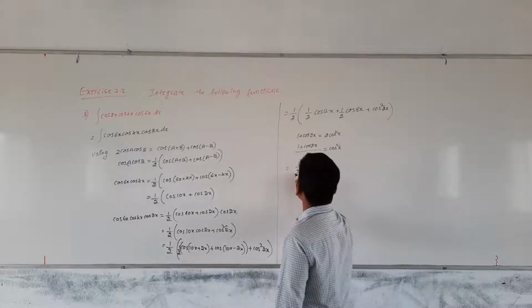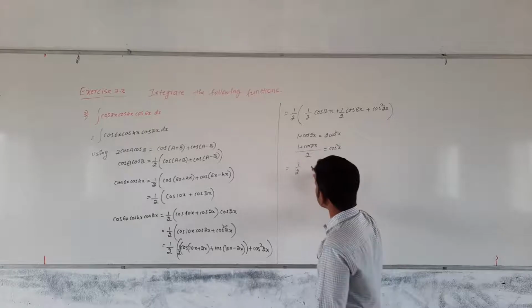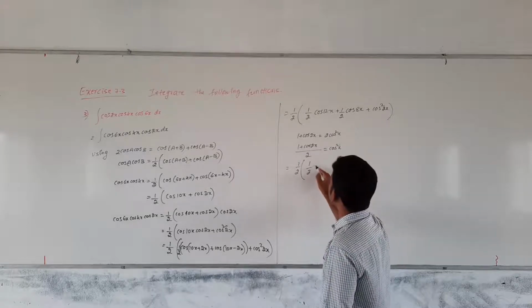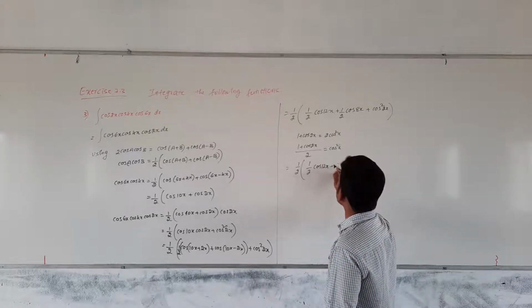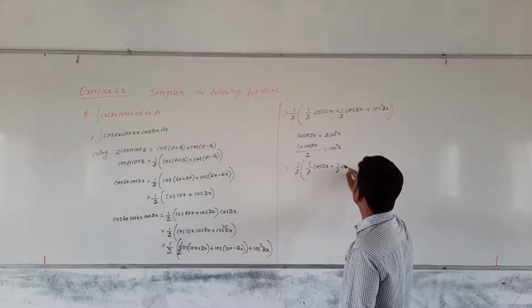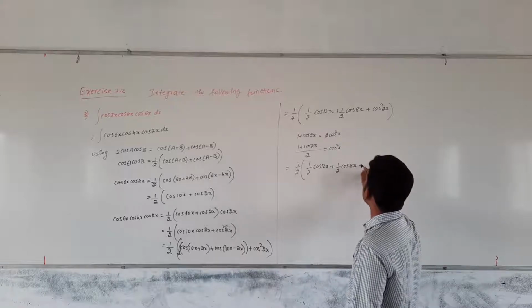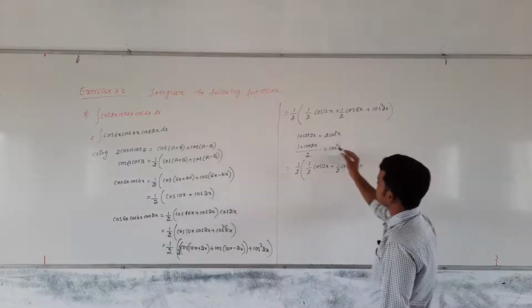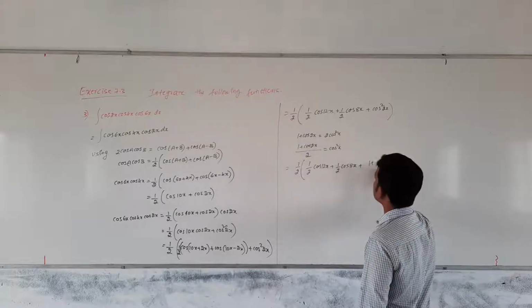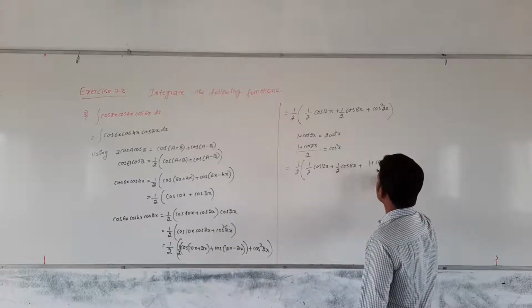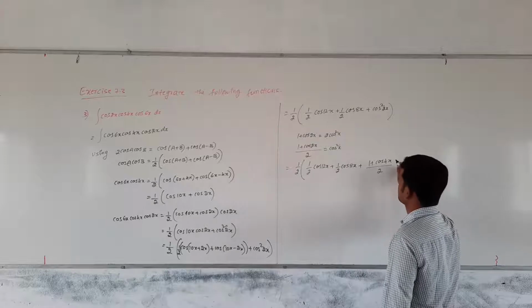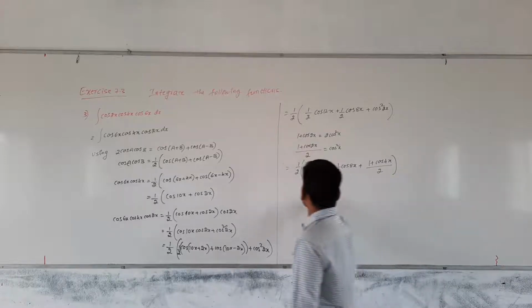Now 1 by 2 times 1 by 2 times 1 by 2 into cos 12x plus 1 by 2 into cos 8x plus cos square 2x. Using this formula I can write 1 plus cos 4x by 2. Okay.